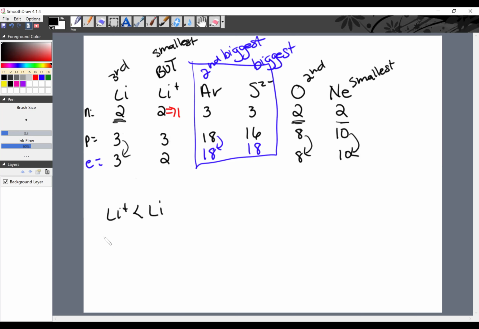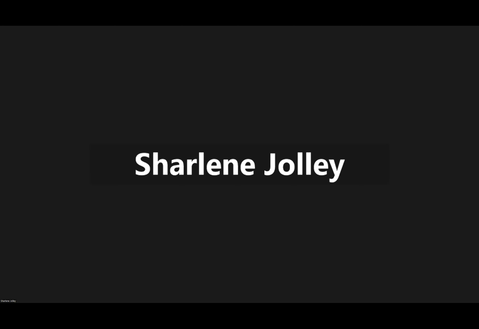The lithium ion is smaller than the lithium, which is smaller than the oxygen, which is smaller than the neon, which is smaller than the argon, which is smaller than the sulfide. And that's how you would figure out a trend. So remember, horizontal and vertical both have different explanations. All right, that is effective nuclear charge and how it affects size. Until next time, jolly out.